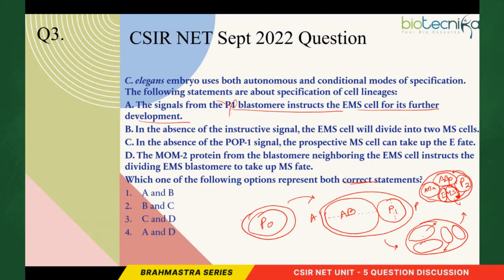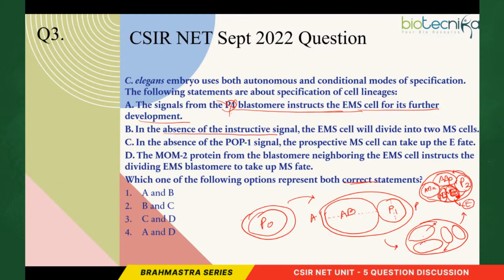One of the daughter cells, actually I should write MS and E. The daughter cell which is closer to P2 differentiates into E cell. So since it is written that P1 instructs EMS cell, that is not correct, because only when P2 is made can it signal the EMS. So it should be P2.